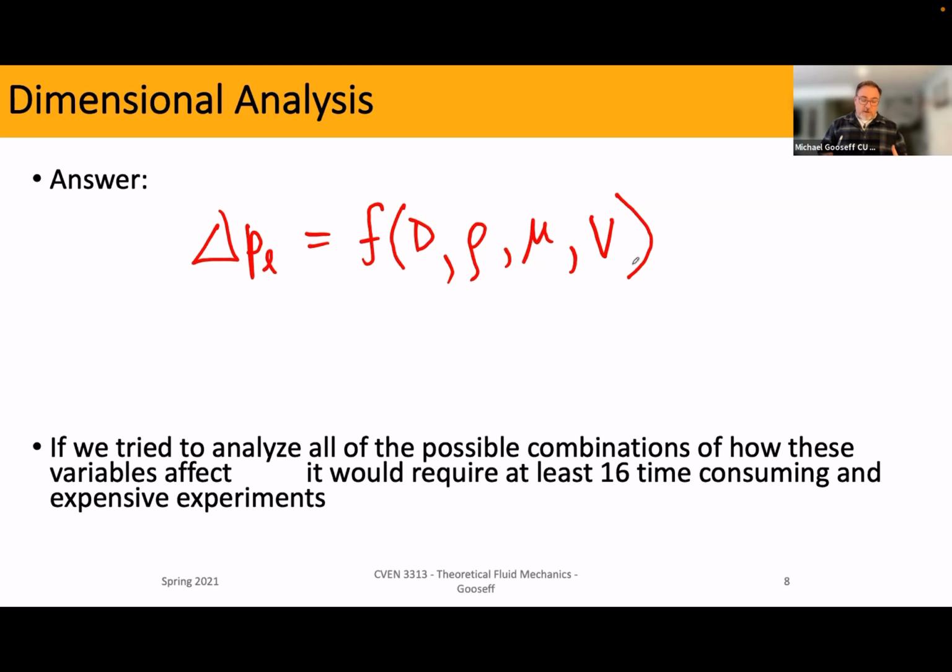We're trying to boil things down to more fundamental parameters than just saying flow rate or area. Those are one step removed from something more fundamental, which is diameter, which controls area, and velocity, which has some control over flow rate.